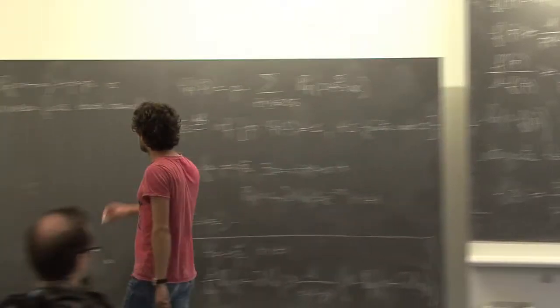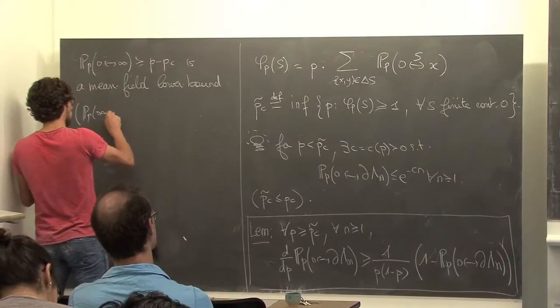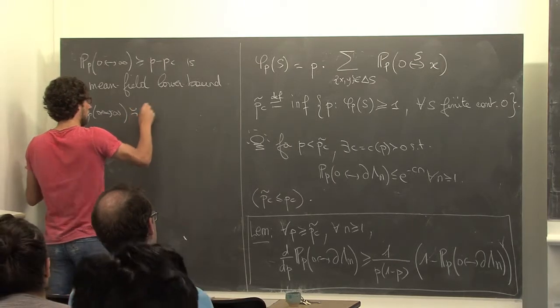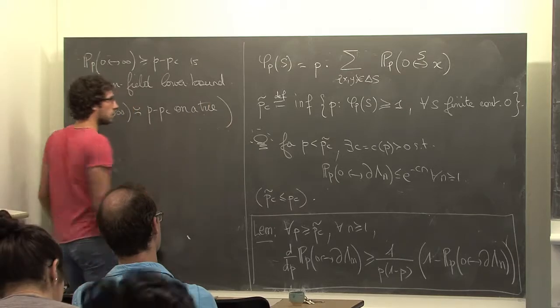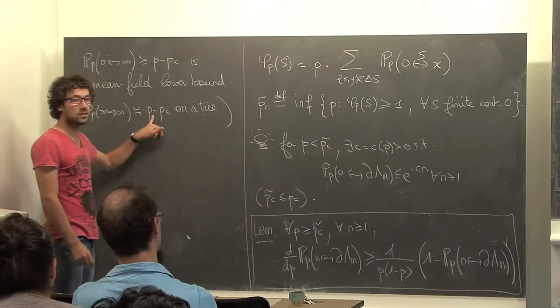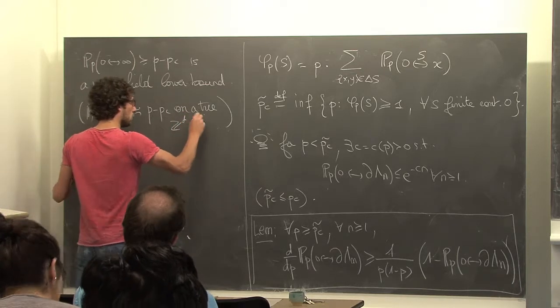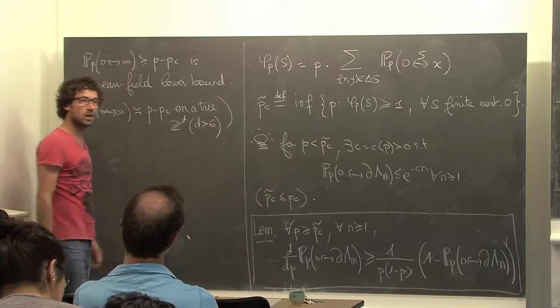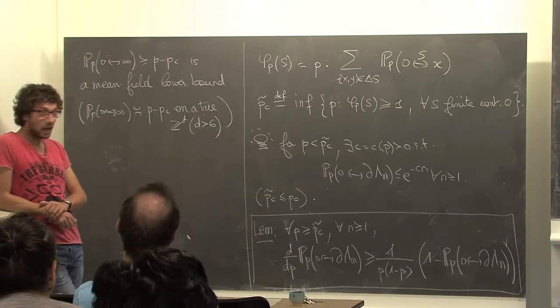And an even more interesting property is that it's going to be the same for any Z^d with d larger than 6. So if you are in sufficiently high dimension, it blows up like p minus pc.